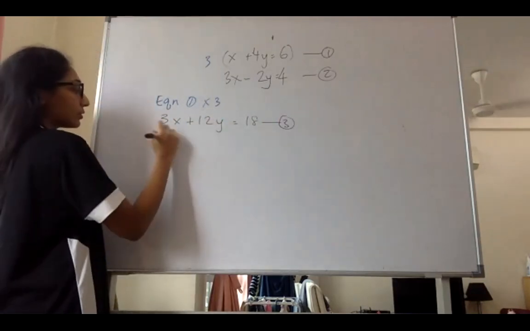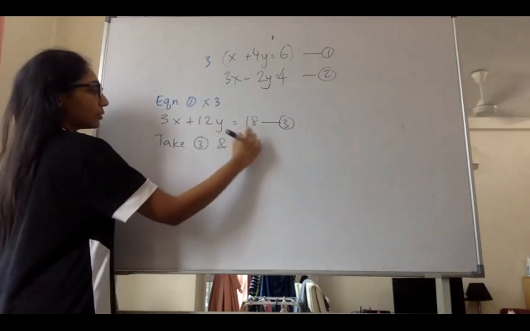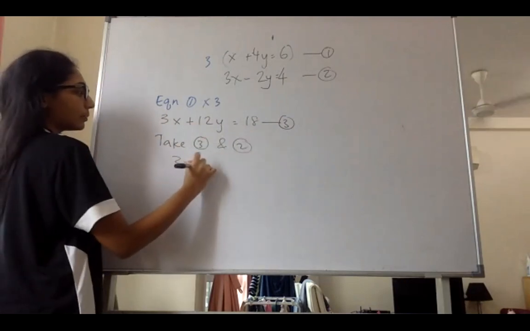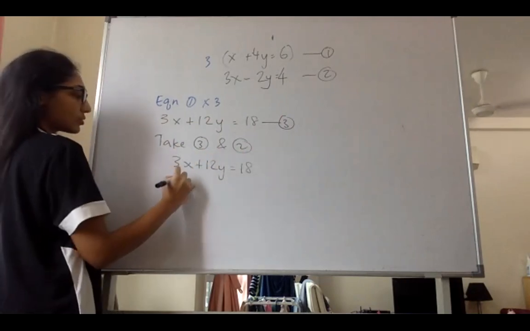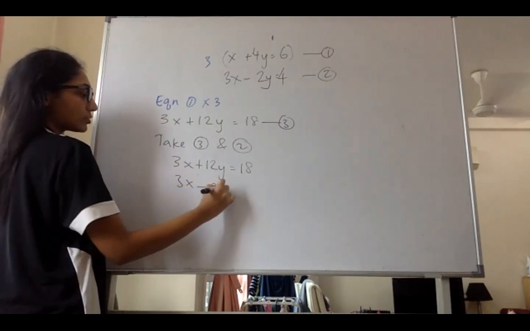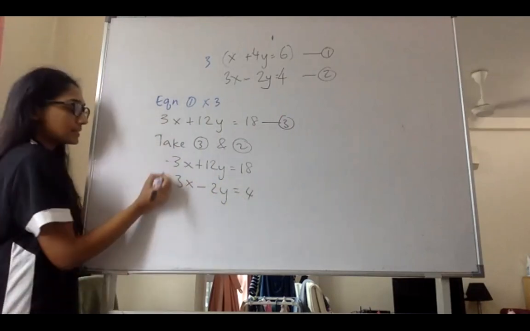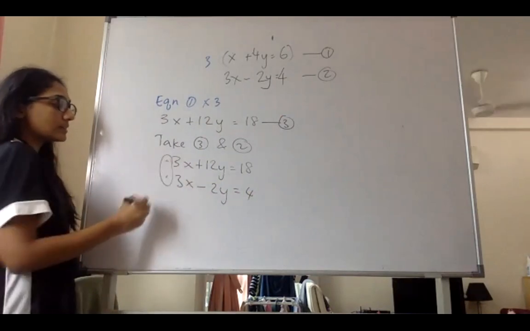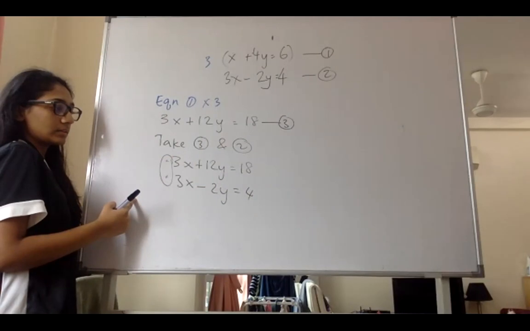So I take equation 3 and 2 now. Equation 3 is 3x plus 12y equals 18, and equation 2 is 3x minus 2y equals 4. This is plus, this is plus. When it's the same sign, do I add or subtract? Subtract.